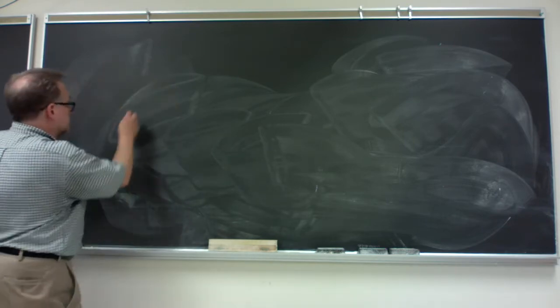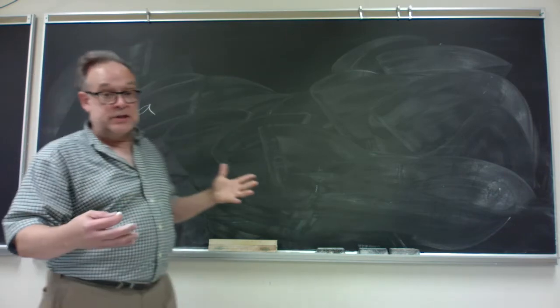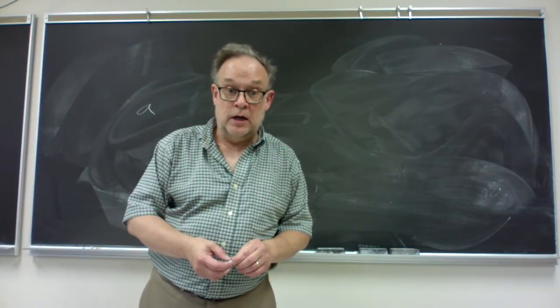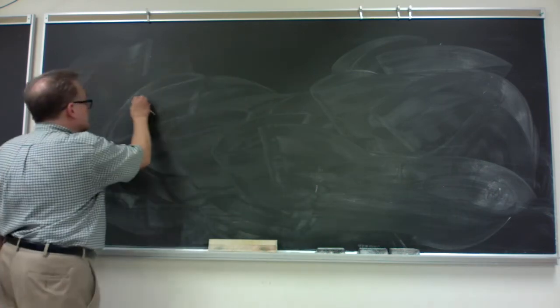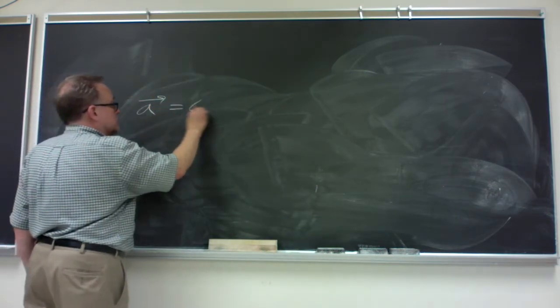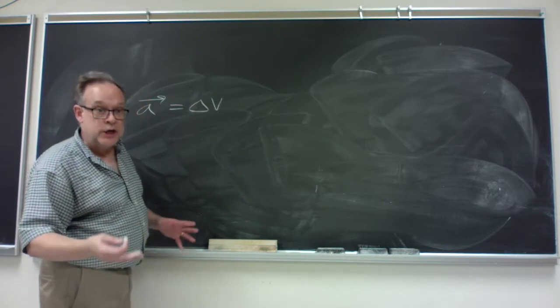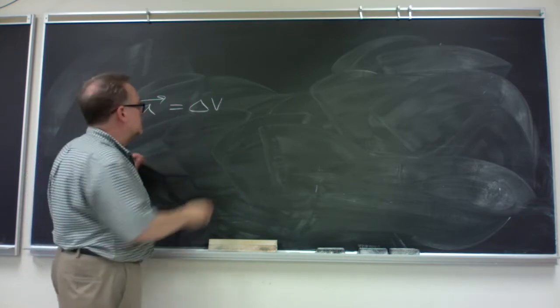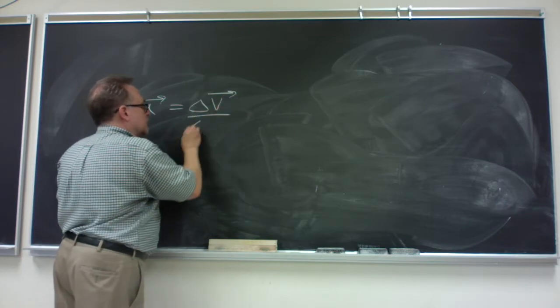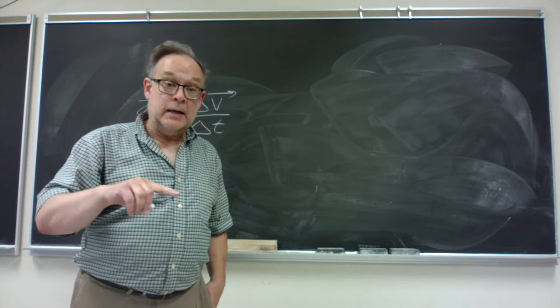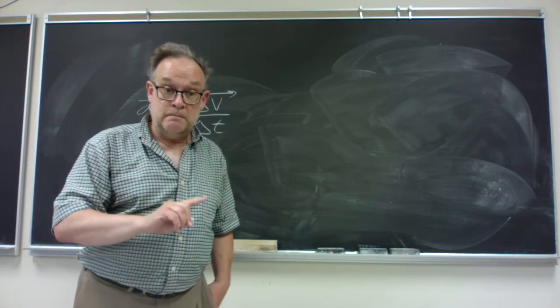And our definition for an average acceleration looks almost exactly like our definition for an average velocity. Right, the average acceleration is just change in the thing whose change we are measuring, velocity. Change in velocity divided by the length of time it took to make that change.